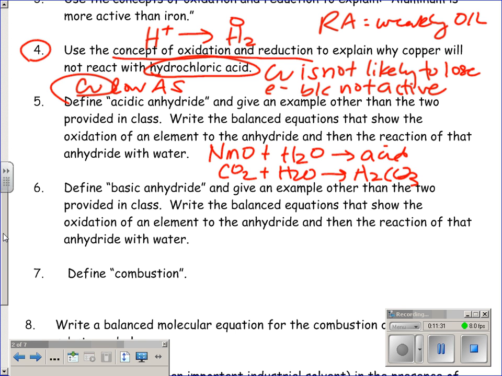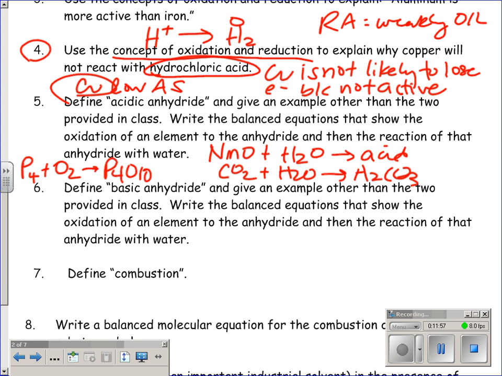What's another one that you guys can think of? Okay, let me give you another example. Phosphorus plus oxygen yields, phosphorus, I'll do P4, plus oxygen yields P4O10.